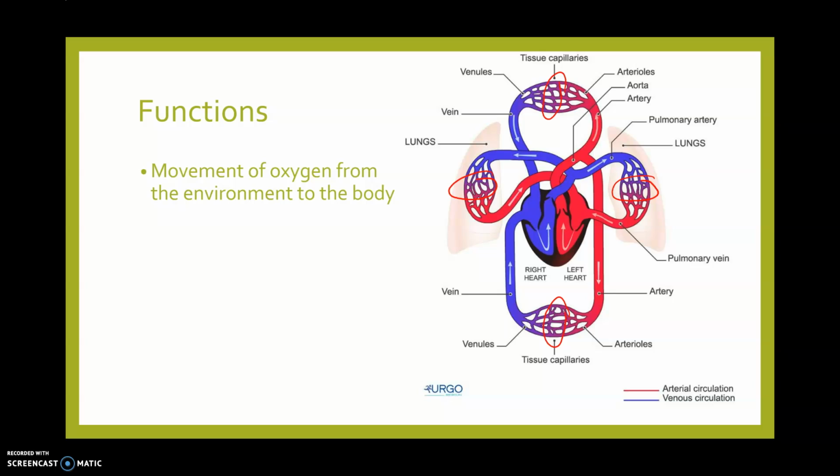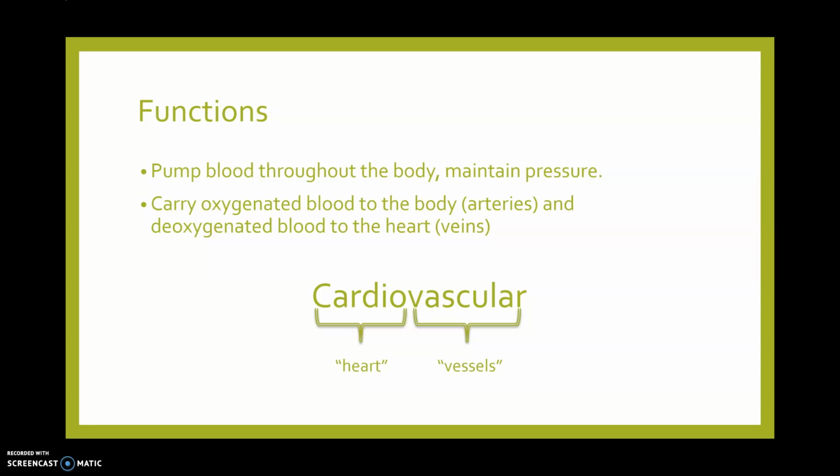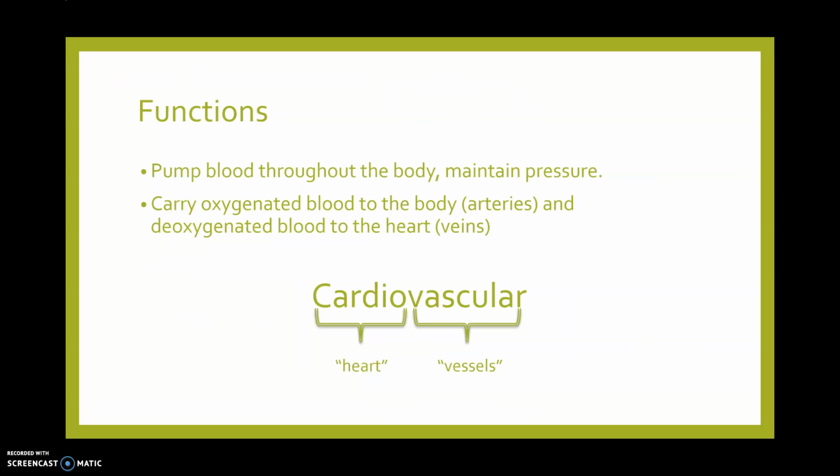But what I'm going to do now is divide these two systems so we can talk more in detail about them. We're going to start with the cardiovascular system. The cardiovascular system, as we know, includes our heart and our vessels. If we break that word down itself, cardio means heart, and vascular is talking about those vessels.